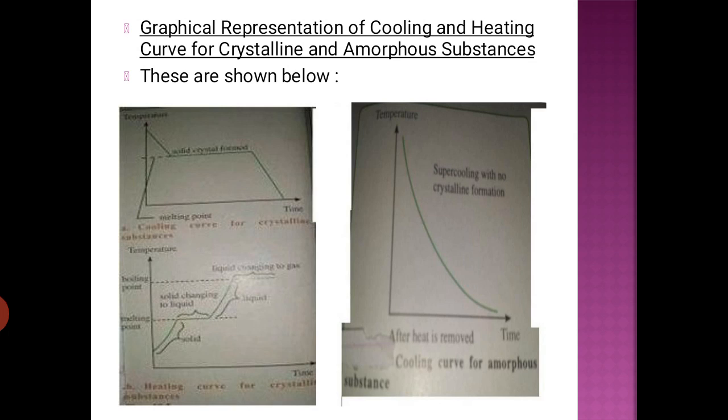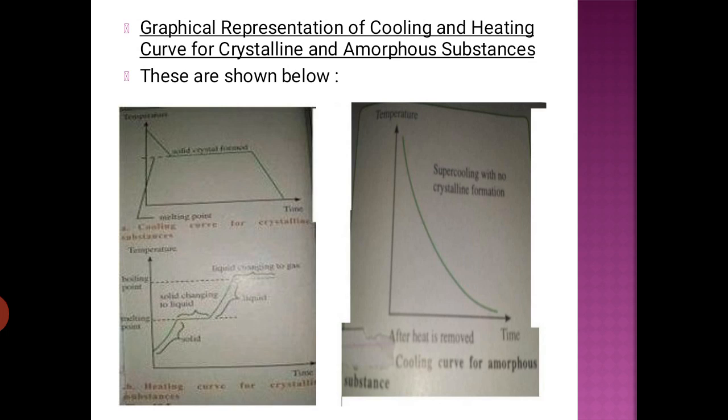Look at their graph. The first one is showing the cooling curve for crystalline substance. You can see the graph of temperature against time.